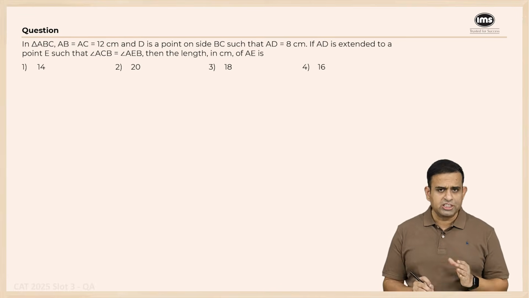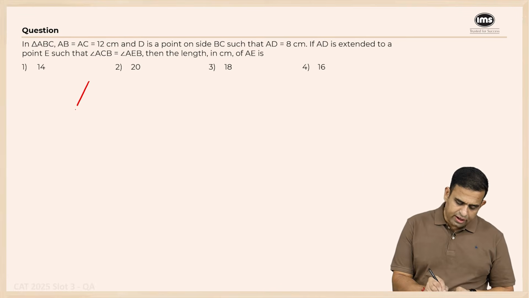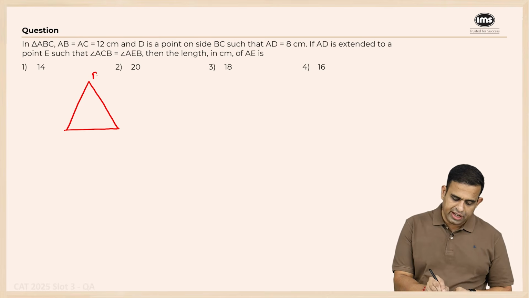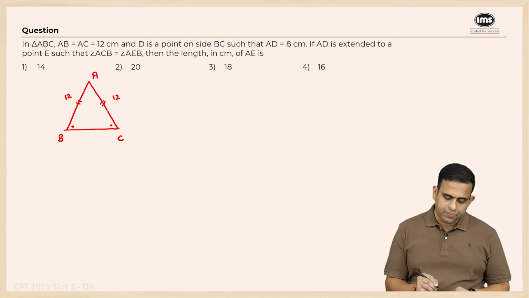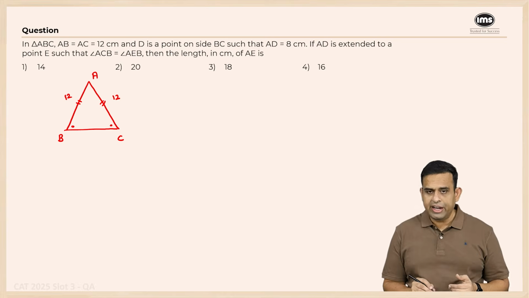So here, first of all, let's make a rough diagram, and the triangle basically happens to be an isosceles triangle. So AB equal to AC, and that simply means angle ABC will be equal to angle ACB. This is 12 and this is 12. Now we have a line segment AD where D is a point on BC, so that AD is equal to 8 over here.